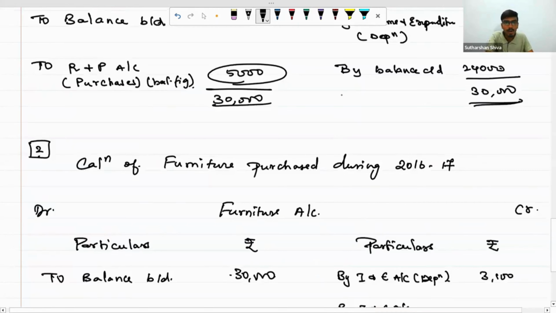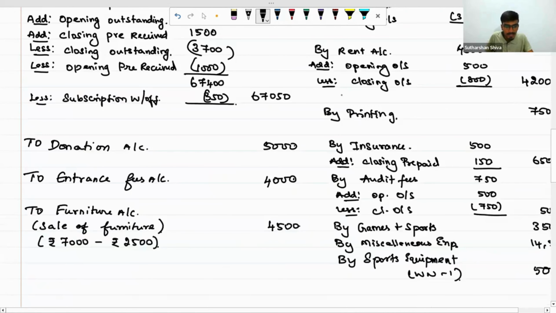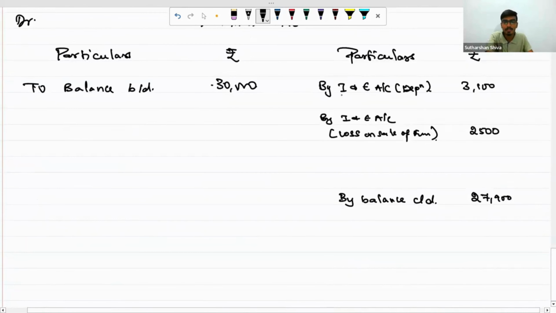And what we have already put in the furniture account on the receipt side is the sale of furniture value. Because actually 7,000 is my furniture value. I have sold it at a loss of 2,500. Then what is my sale value? 4,500 is my sale value. That sale value should be shown in this place by writing "By receipts and payments account".